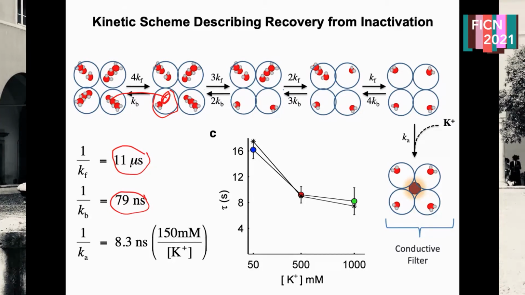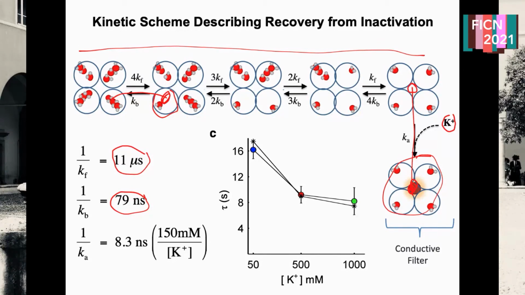It's not that large. And at the end, you bind an ion in the filter, and that's when you fully recover. So if you have 0 ion in solution, you cannot lock the filter in the conductive state. You will hover over these 4 states, but you never lock the conductive state. So that's why it's dependent on ion concentration.